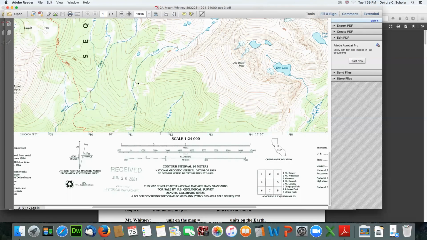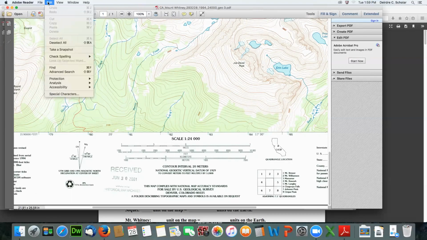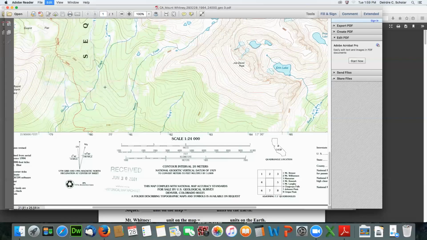With our digital maps, I have already introduced you to the measuring tool, which we find under Edit, Analysis, and we're going to use Measuring Tool.